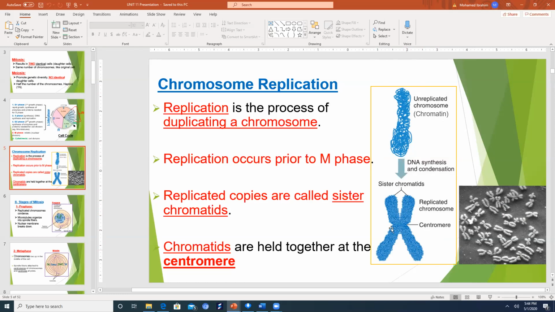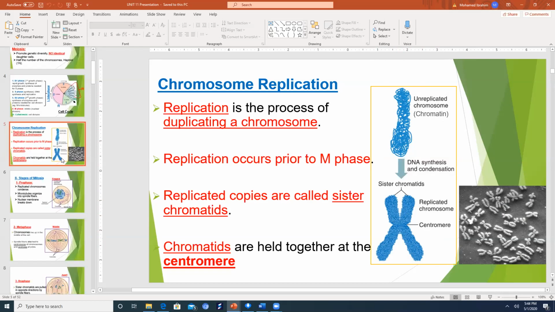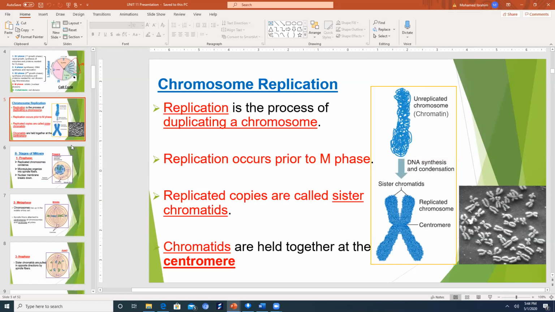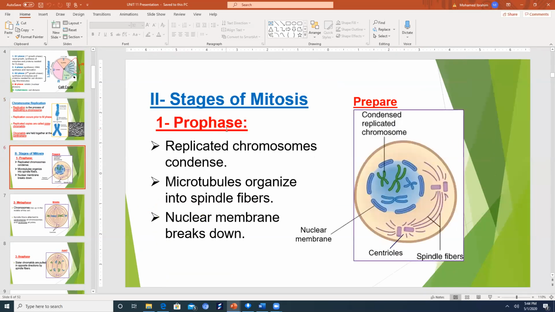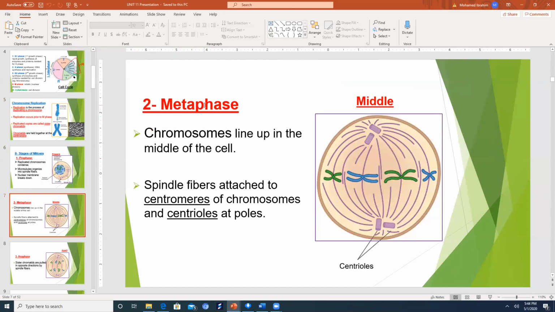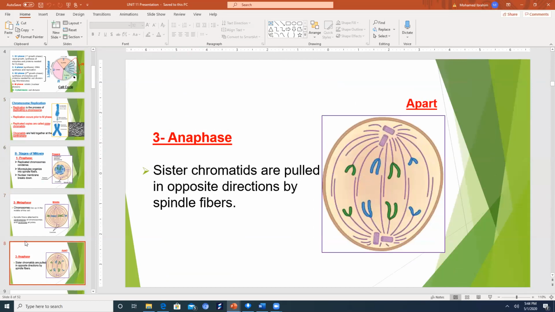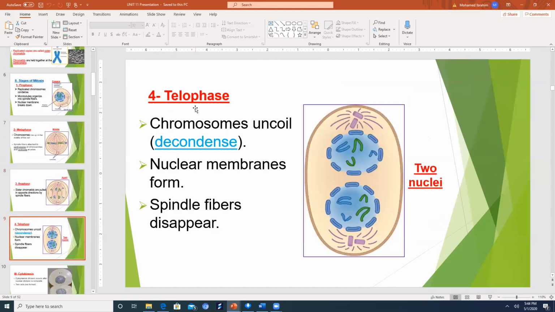And since they are doubled here, they need to get separated again during cell division because they can't keep doubling like that. You need to know the different phases. I don't need to go through each one of those, but remember the name PMAT. P for prophase, M for metaphase, A for anaphase, T for telophase, PMAT.